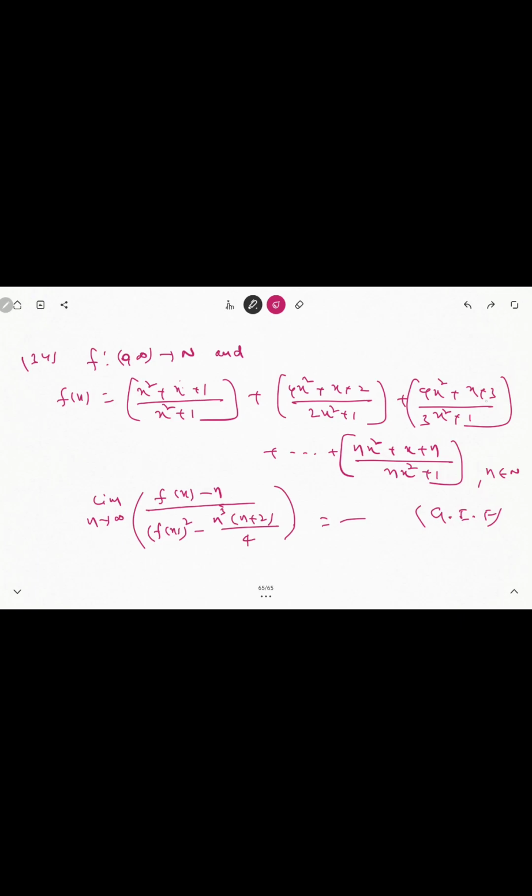Next one 9x square plus x plus 3 by 3x square plus 1, so on up to nx square plus x plus n by nx square plus 1, where n belongs to natural numbers. Find the limit as n goes towards infinity of (f(x) minus n by f(x)) whole square minus n cube into (n plus 2) by 4. This limit you have to find. First of all you have to find the function.